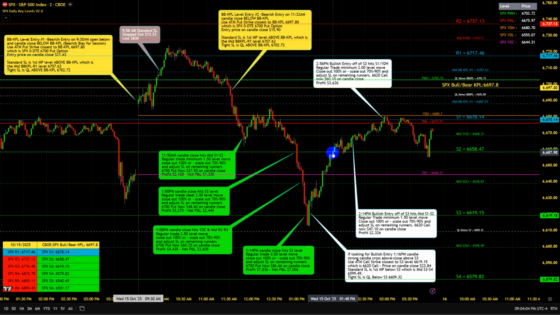However, if you're taking the regular trade, then you would do the same thing we talked about before. You're waiting for the 1.5 level move minimum target, which happens on this candle here, the 2:14 candle. So the bullish entry off S3 hits mid S1, S2. That's a 1.5 level move.